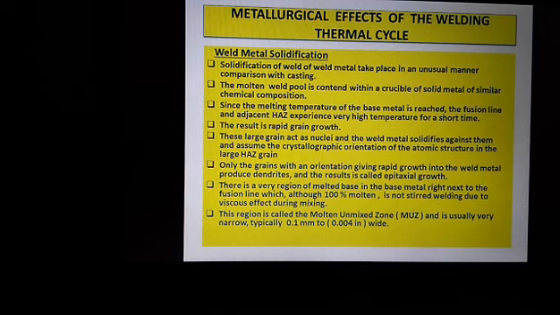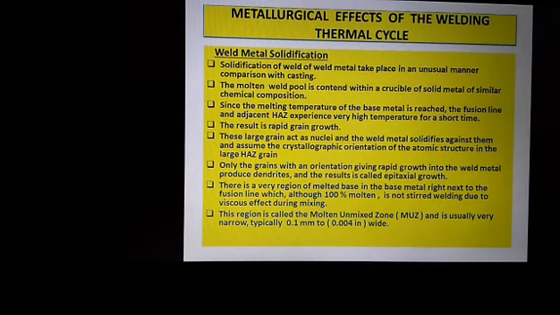These large grains act as a nucleus, and the weld metal solidifies against them and assumes the crystallographic orientation of the atomic structure in the large edge grain. Only grains with a favorable orientation give rapid growth into the weld metal to produce dendrites, and the result is called epitaxial growth.